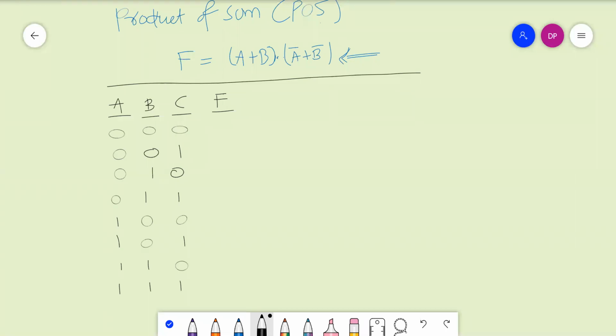Let's say I have taken F to be 1 here. Okay, F is 1.